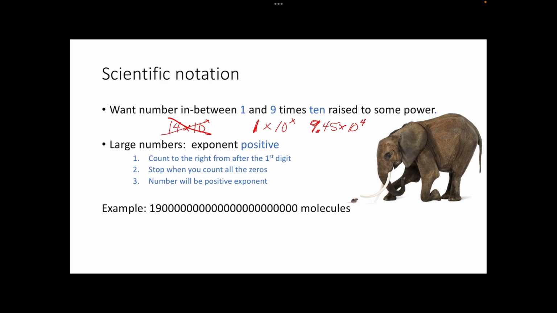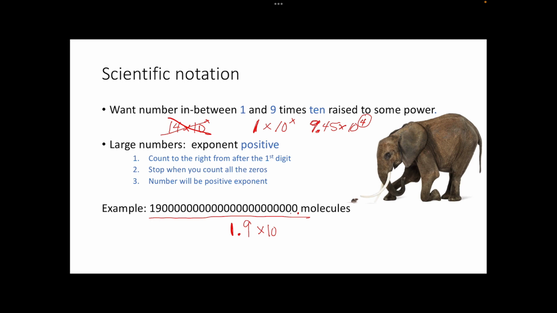For large numbers, our exponent up here is going to be positive. So let's look at this really big number here. We know that we're going to want to write it as some digit between 1 and 9. Well, this one is 19 there, so we're going to write it as 1.9 times 10 raised to some power. Since it's a very big number, we start with our decimal point here and count the number of spots we have to move it to get in between the 1 and the 9.